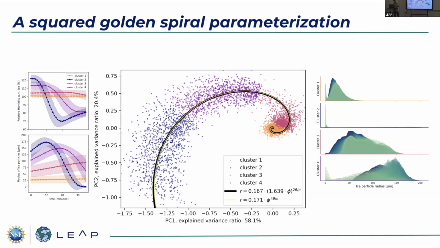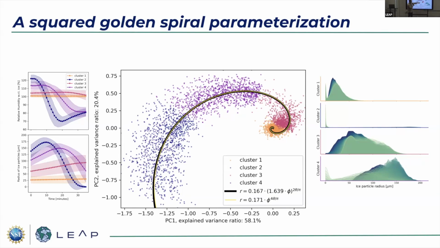But Kara proposed that we fit a spiral curve to this. So then we could just have one parameter that we crank around the spiral to explain the different trajectories. And it's really interesting that of the parameters in this equation, one of them converges to essentially be phi, the golden ratio.